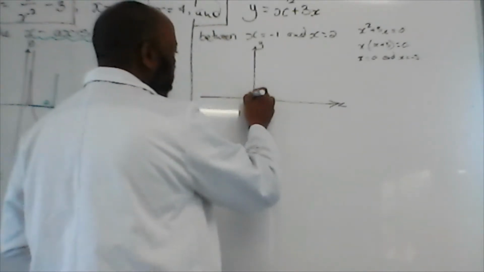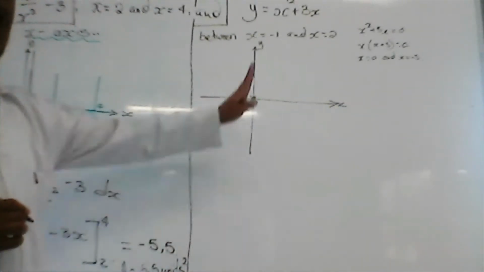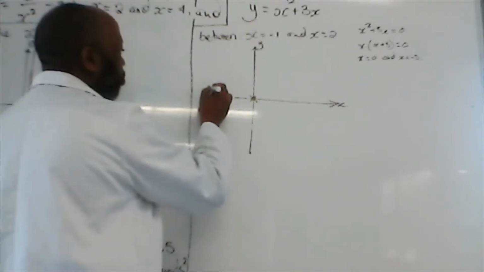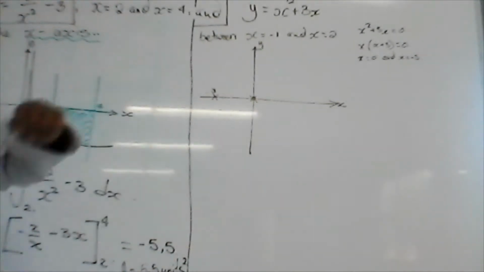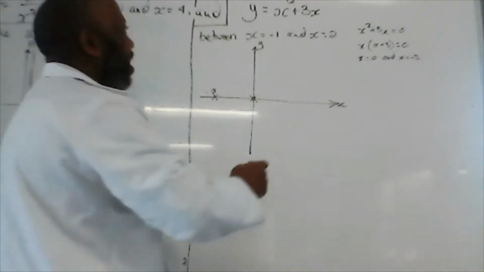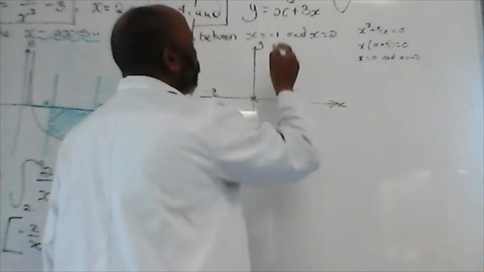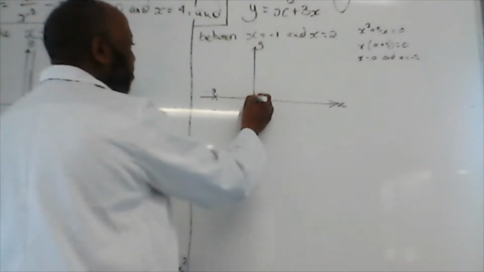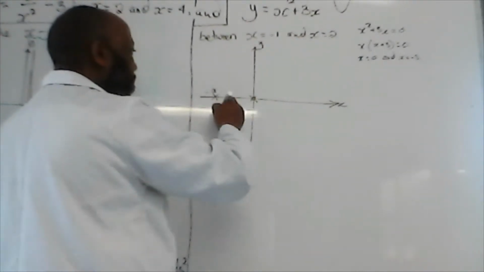0 is here, so the graph is going to cut through the origin, and -3 we are going to estimate is there, so the graph cuts through -3 on the x-axis. Now this is a parabola. I know that this is going to be a smiley face graph because my coefficient is positive. The graph cuts here, the graph cuts there, and it's a smiley face.